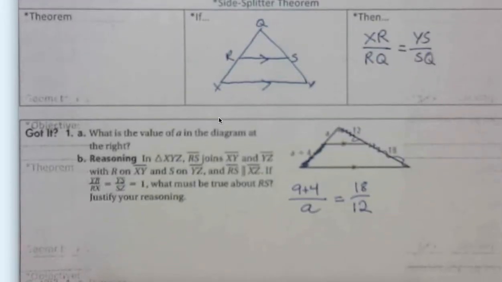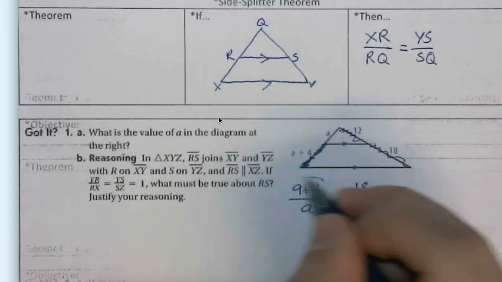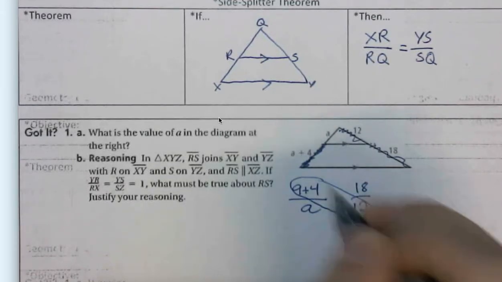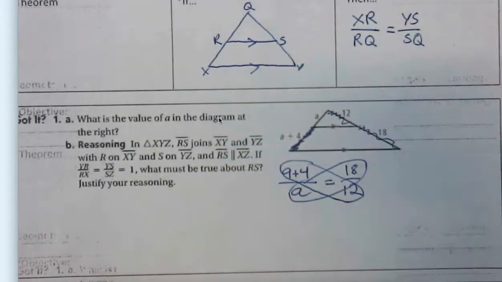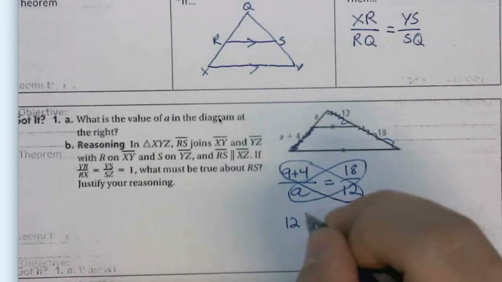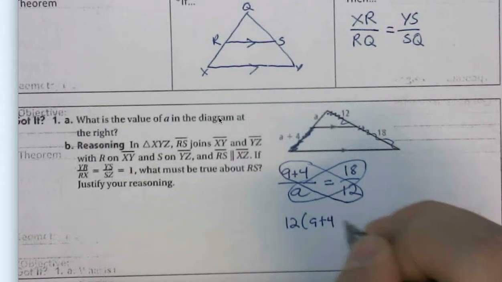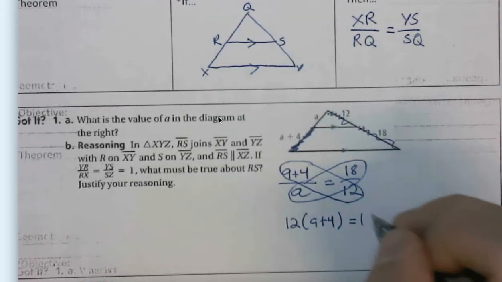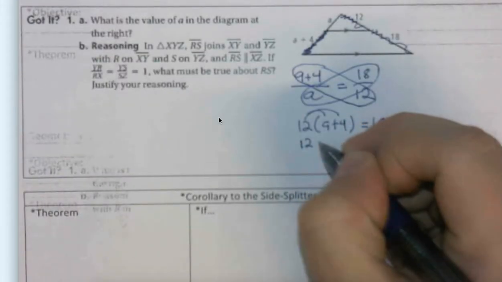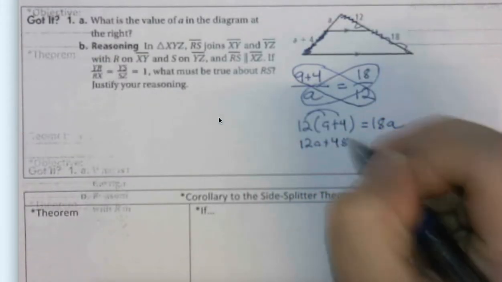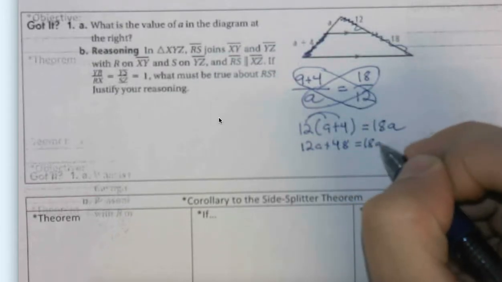Cool, seems easy. So we can take this further. Not quite a geometric mean like we saw in the previous section, but we can still cross multiply, see what happens. So we get 12 multiplying with A plus 4, and this should be equal to 18A. We can distribute, so we get 12A plus 48 equals 18A.